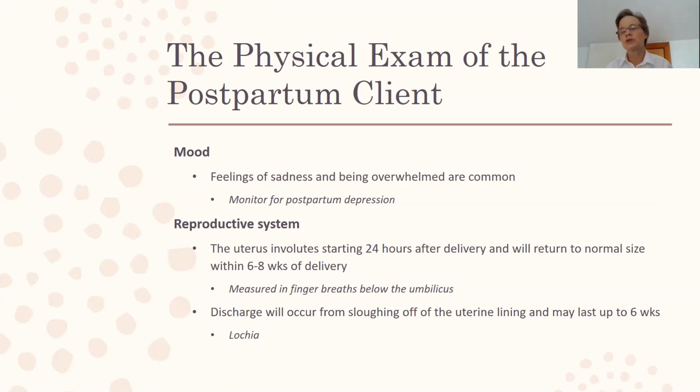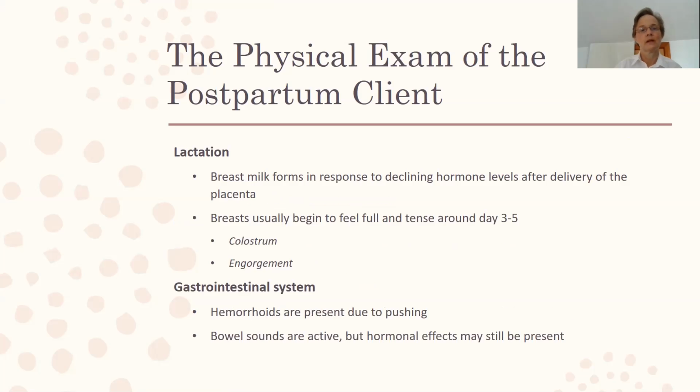Nurses do measure where the uterus is by measuring finger breadths below the umbilicus. The discharge occurs as the sloughing off of the uterine lining, or the endometrium, and that can go up to 6 weeks. They call it lochia, which also includes bleeding.